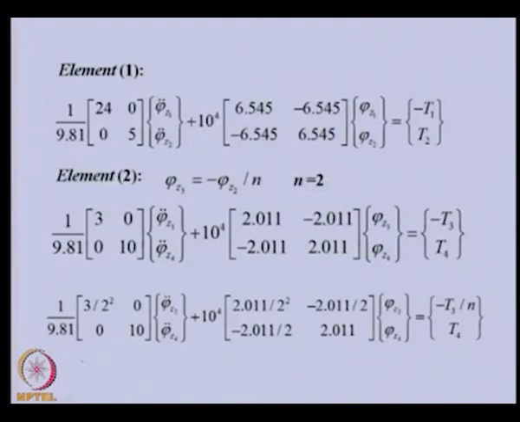So, now this is the elemental equation for element 1. In element 1 we had nodes 1 and 2, so I am again drawing that element 1, nodes 1 and 2. Correspondingly we will have phi z1 and phi z2.